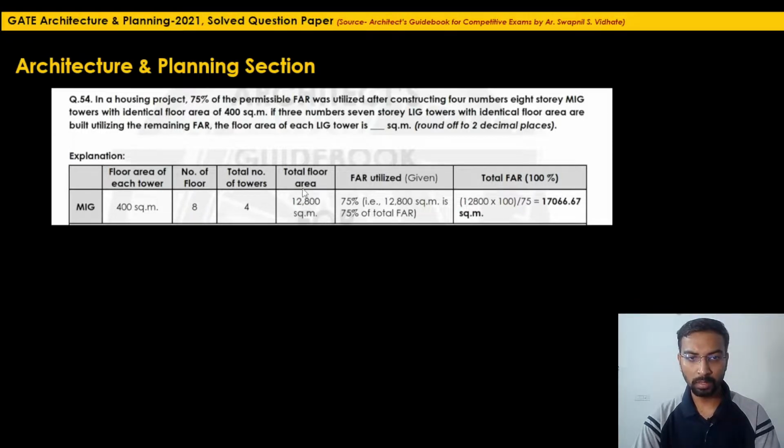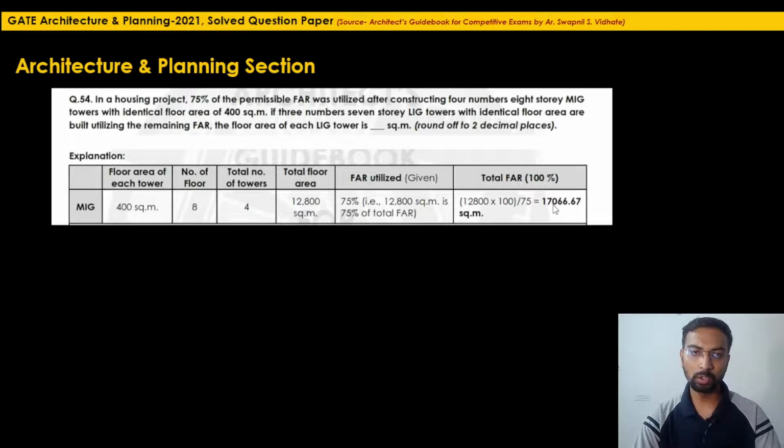Now they have mentioned that this much area is only 75% of permissible FAR. So that means 12,800 square meter is 75% of total FAR. So what will be the 100% FAR, if this is 75%? Just do the cross multiplication.